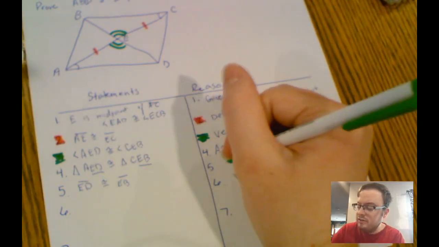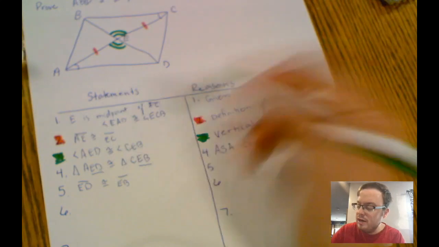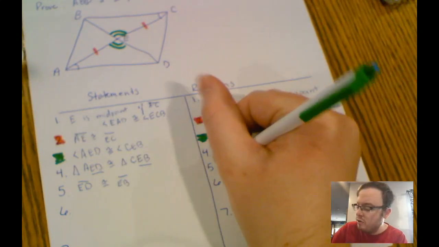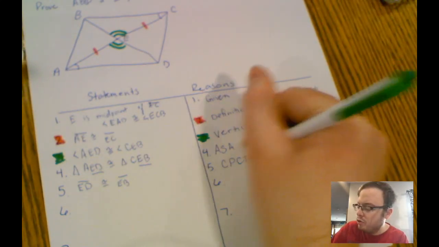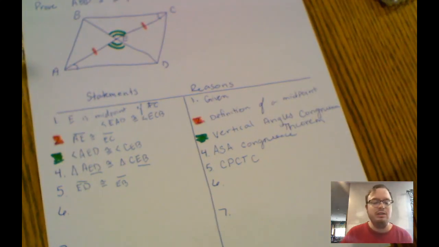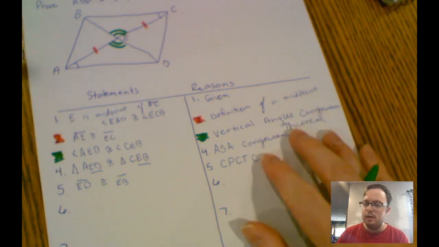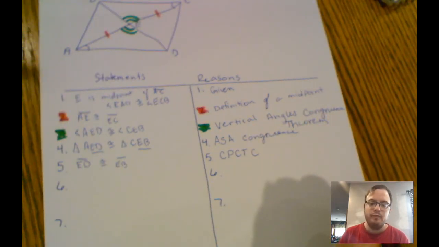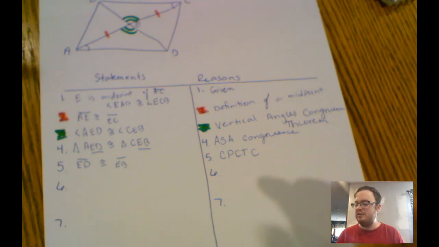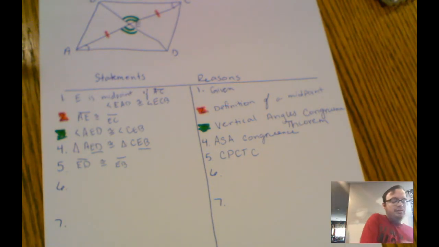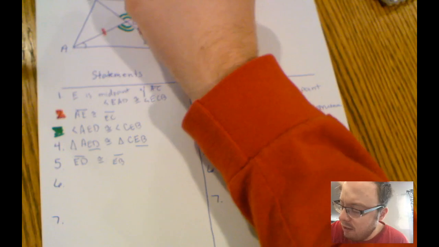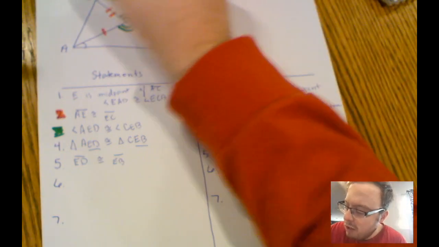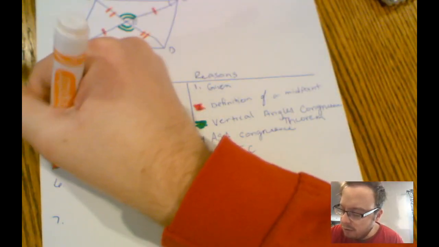That is because, as a review, corresponding parts of congruent triangles are congruent, CPCTC. And at this point, I'm going to make this orange: ED is congruent to EB.